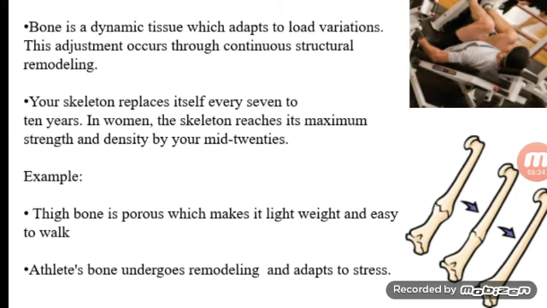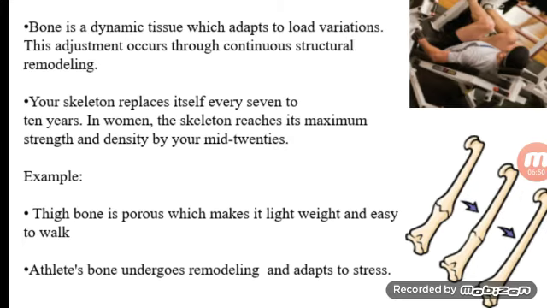The thigh bone is porous, which makes it light in weight and easy to walk. Though the thigh bone is lengthwise the largest bone, due to the pores it has light weight and is easy to walk.